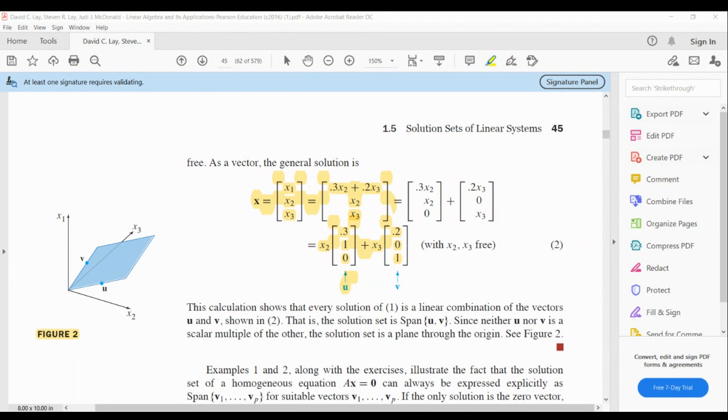So you see what you're doing now? You're able to geometrically describe what these planes look like in three-dimensional space by writing the solution vector for the plane in parametric vector form.